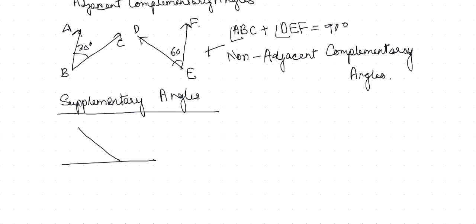If this is angle 1 and this is angle 2, then angle 1 and angle 2 add up to 180.